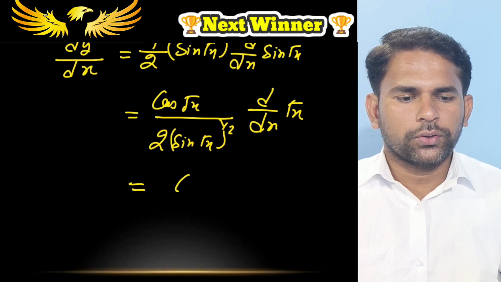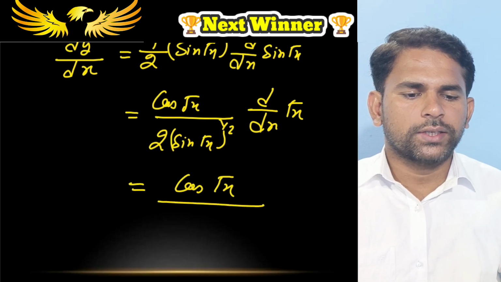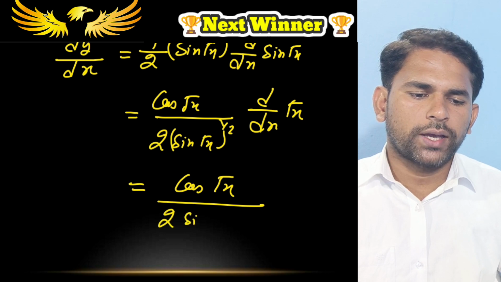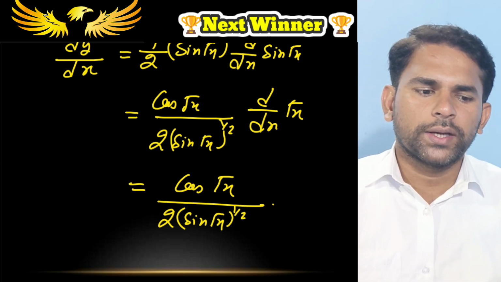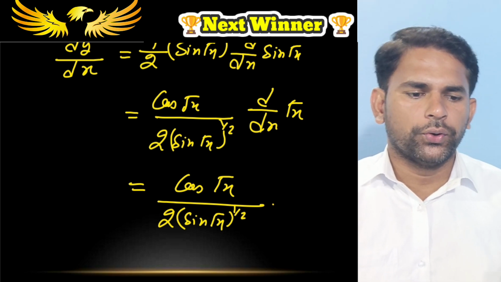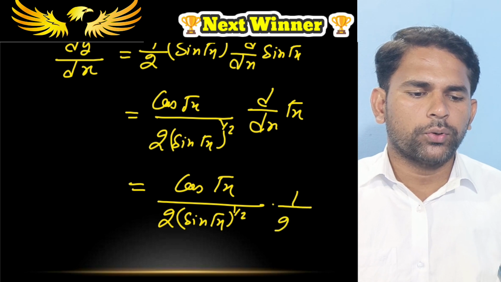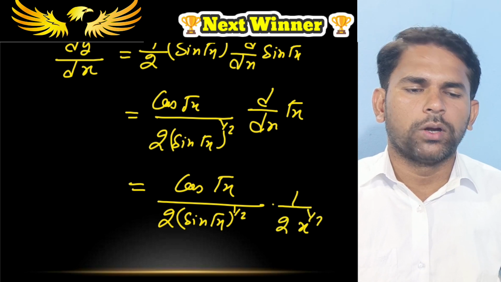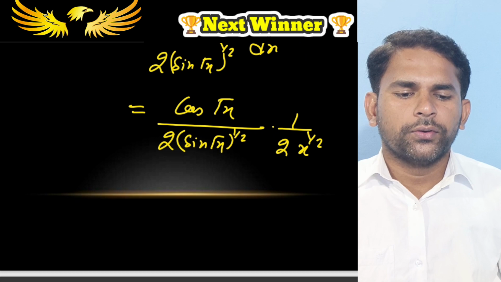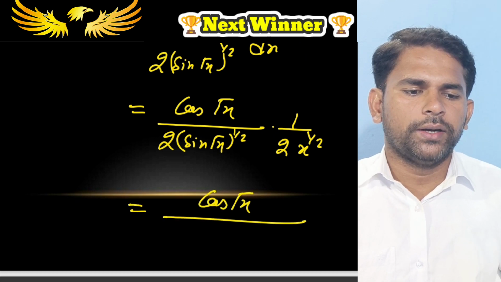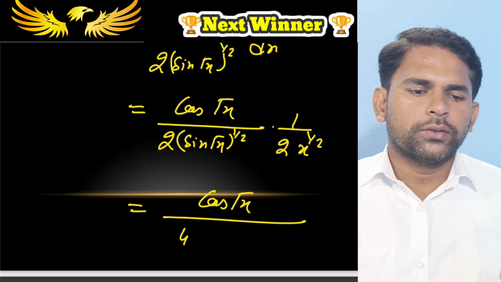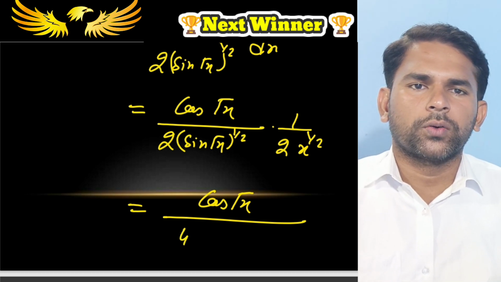Next you can write cos root x divided by 2 sine root x power 1 by 2. And you are going to differentiate root x the same way as you did before. So directly you can write 1 upon 2 x power 1 upon 2. So now finally you can write the answer: cos root x divided by 2 times x power 1 by 2 times sine root x power 1 by 2.